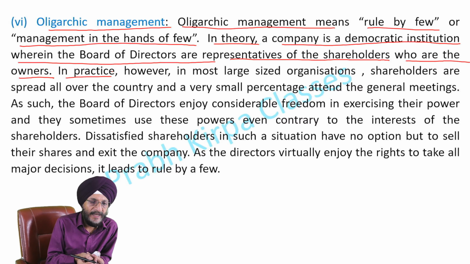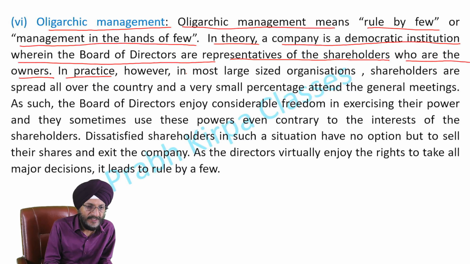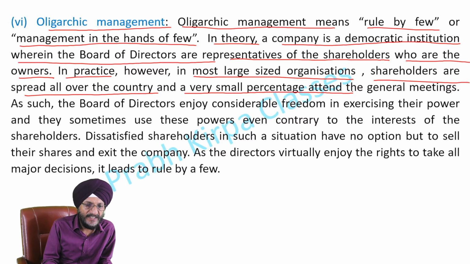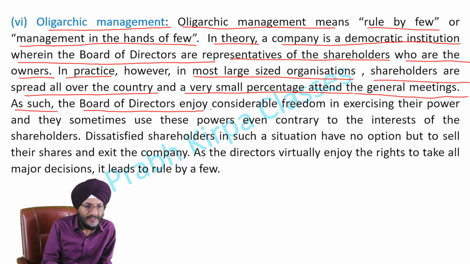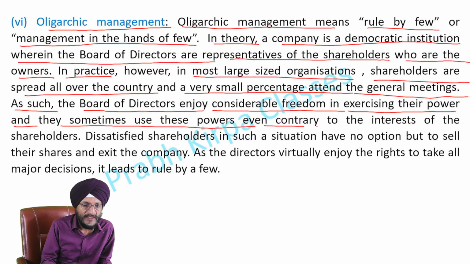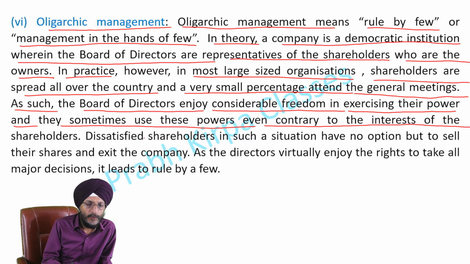However, in practice, it happens that in most large size companies, the shareholders are spread all over the country and a very few percentage attend the annual general meetings. As such, the board of directors enjoy considerable freedom in exercising their powers and they sometimes use these powers even contrary to the interests of the shareholders.